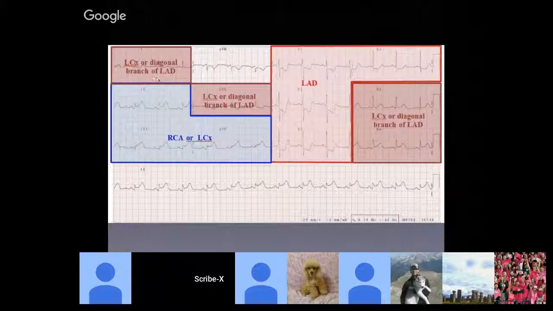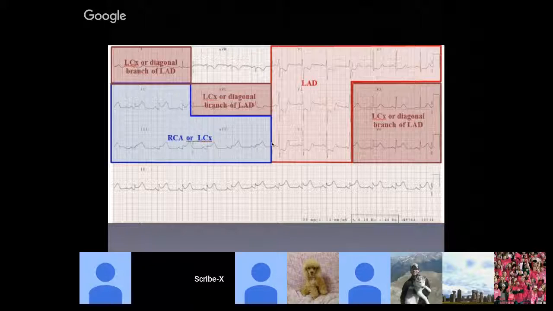Lead 1 and AVL are called our high lateral leads, and this is part of the left circumflex or branches of the LAD. The LAD will give you ST changes in what we call the anterior leads, or the V leads right over the sternum. These are your lateral leads, V5 and V6. And then your inferior leads, 2, 3, and AVF.